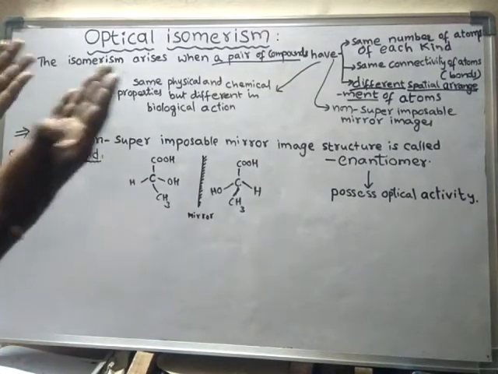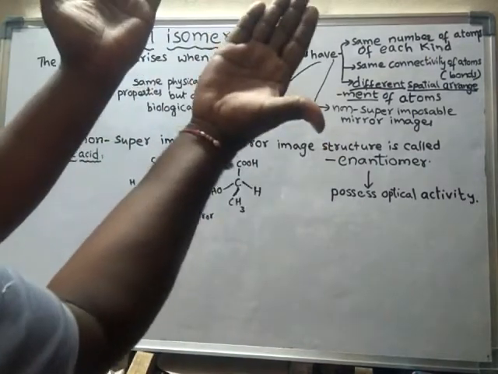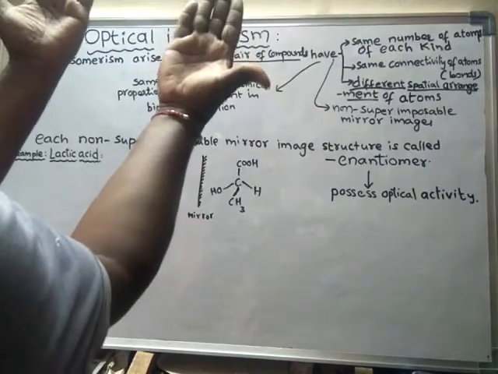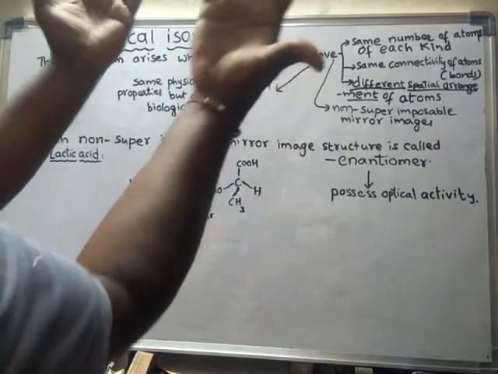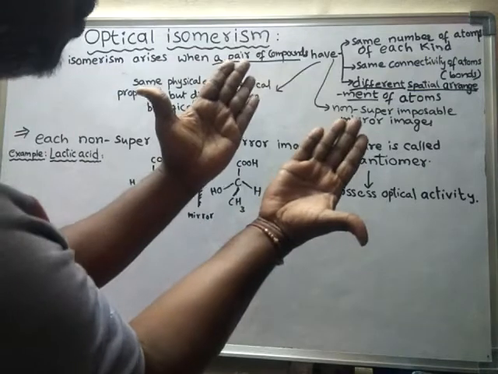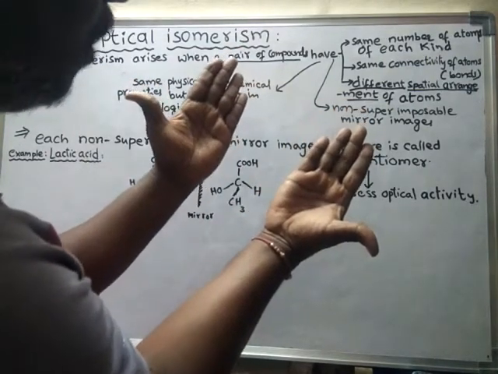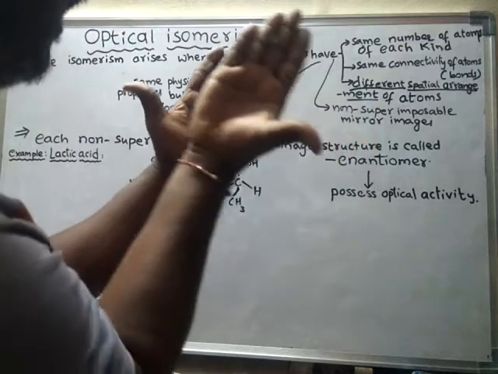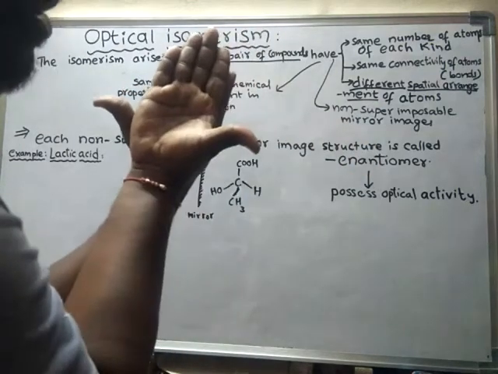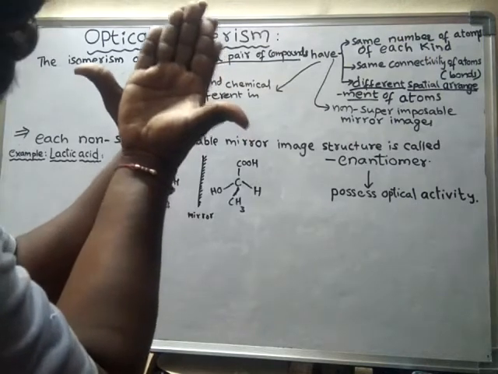For example, if I take my hands, these two are mirror images to each other. This one is mirror image to this one, and this one is mirror image to this one. Now if I lift this hand and keep it on the other hand, what happens? It is not superimposable.